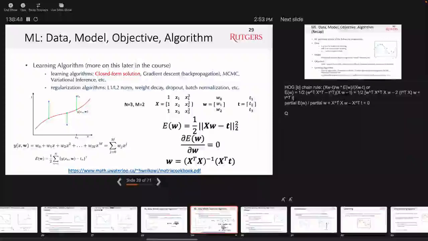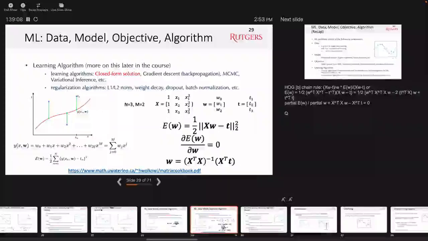Then all you have is just this as your gradient. And now if you set your gradient to 0, you can finally solve for your optimal W. So you can solve your optimal W by just solving a simple linear equation, right?